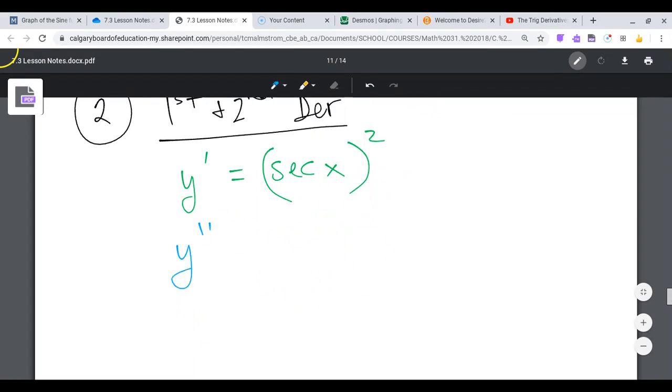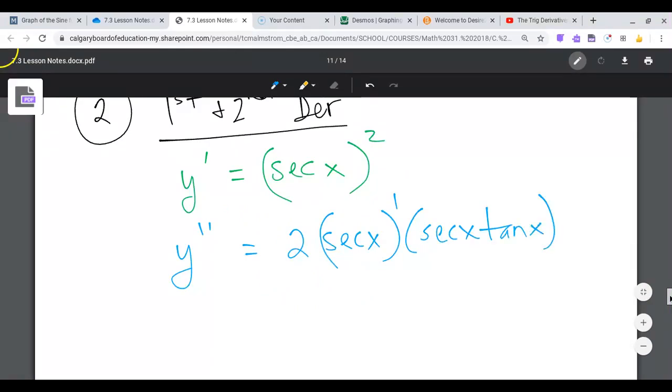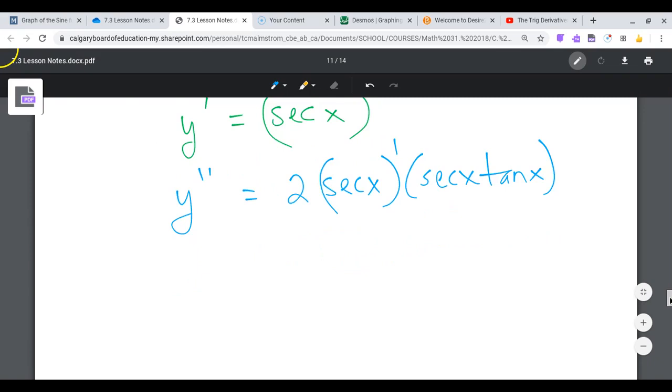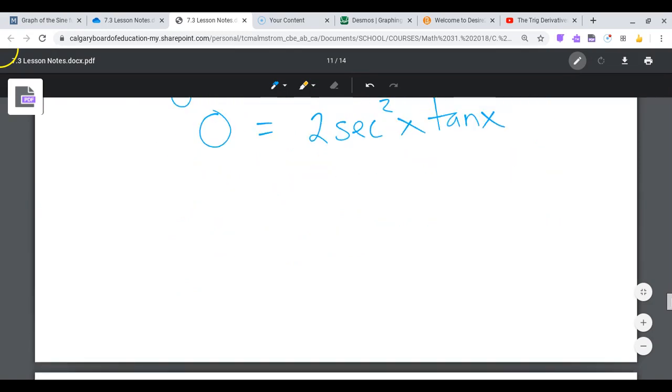So the second derivative would be pull the 2 down, keep the inside, reduce the exponent by 1, that's the outer, and then the derivative of secant is secant x tan x, and so that leaves me with 2 multiplied by secant squared x multiplied by tan x, and this is equal to 0 so that I can evaluate my significant numbers.